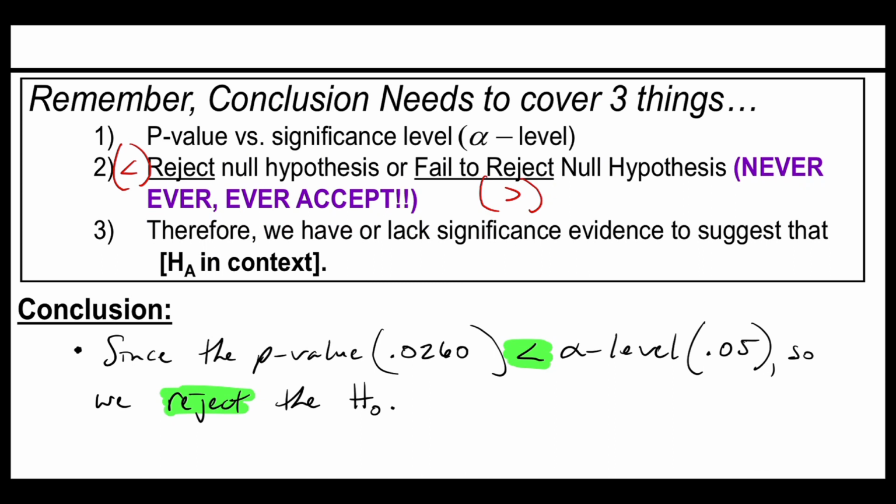So we reject, one more time, when the p-value is smaller than alpha. Alpha is our burden of proof. If we're under our burden of proof, we've met the burden of proof. That's why we rejected it.